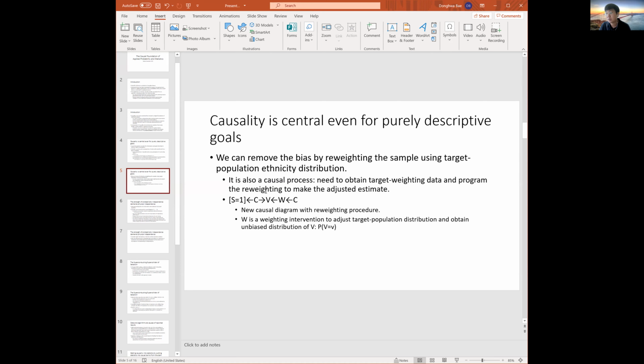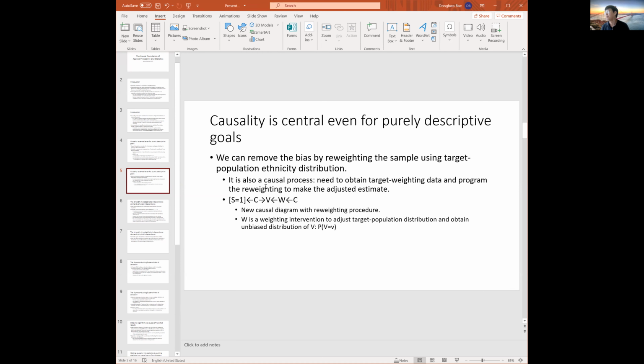This is the sampling procedure, however, the C can make bias between S and V by the path between S and V. So we have to reweight that part by another part of the diagram with a weighting intervention W to adjust the target population distribution and obtain the unbiased distribution of V, P(V). So the author argues that this process is a causal path for the unbiased estimator from the observed data.